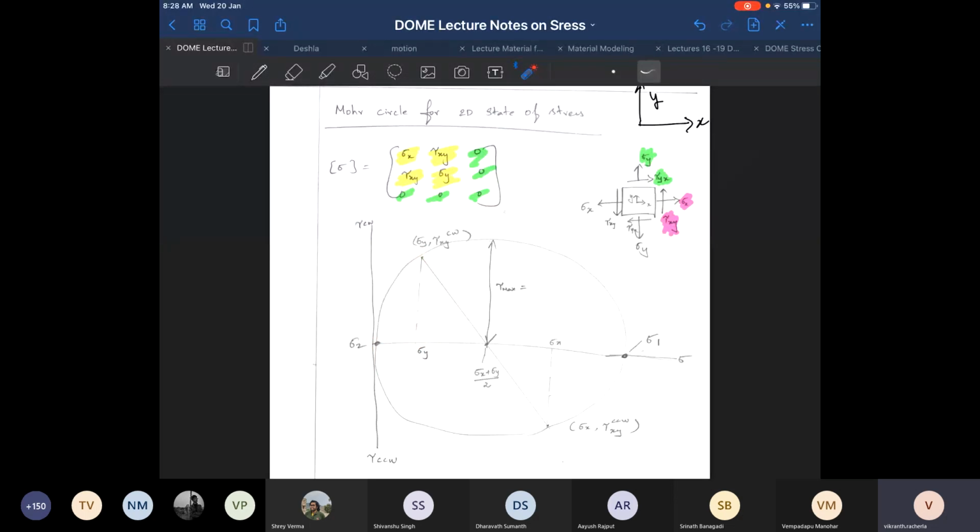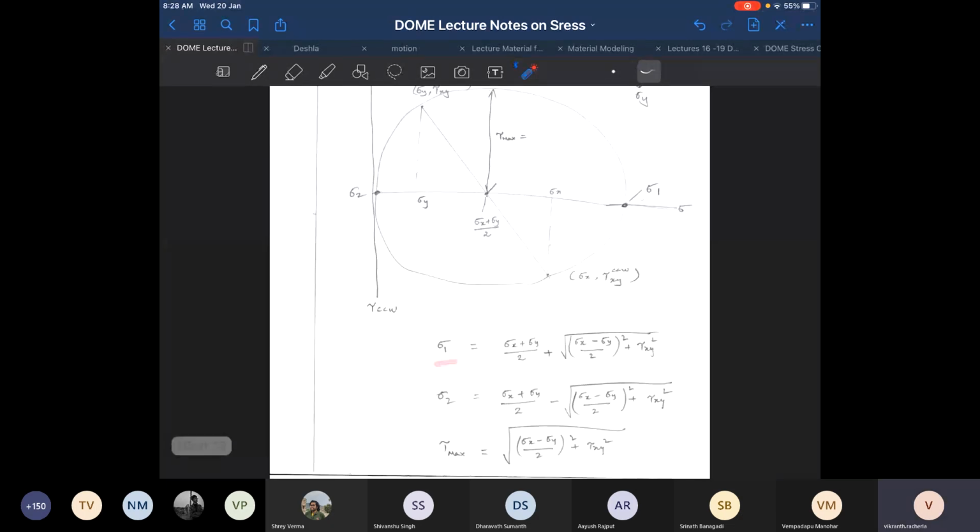Once you mark these 2 points, these 2 points have to lie on the circle which we call the Mohr circle, and wherever this Mohr circle intersects the axis, those are the principal stresses. So here this is sigma 1 and this is sigma 2. So based on this geometric construction, you can show that sigma 1 would be equal to this, sigma 2 would be equal to this, and tau max would be equal to this.